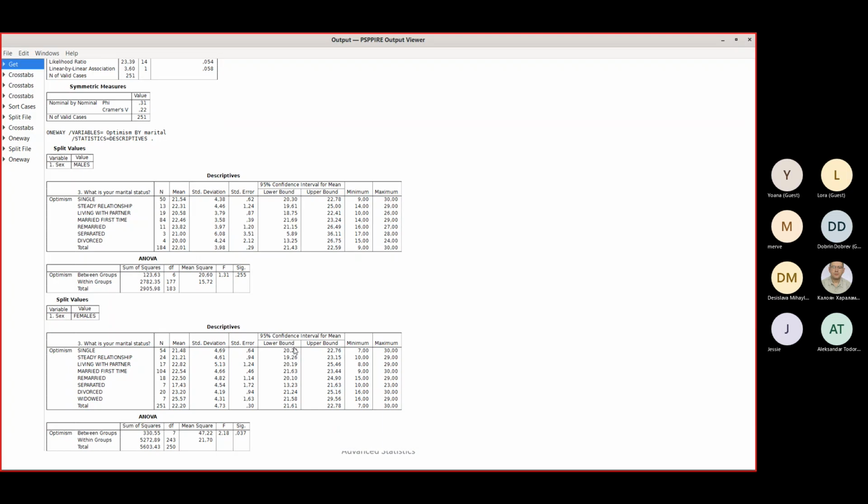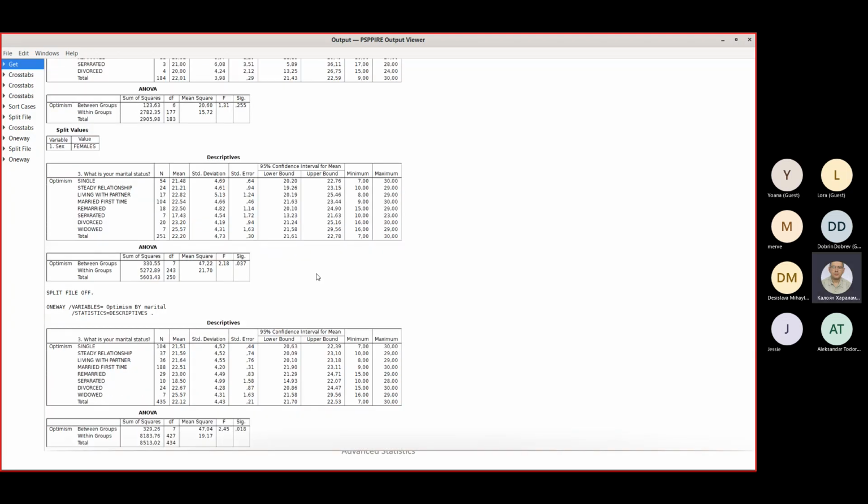So here's the result. First, here we can see average scores for each group. And here we can see that in the group of without, average score is highest, is largest.